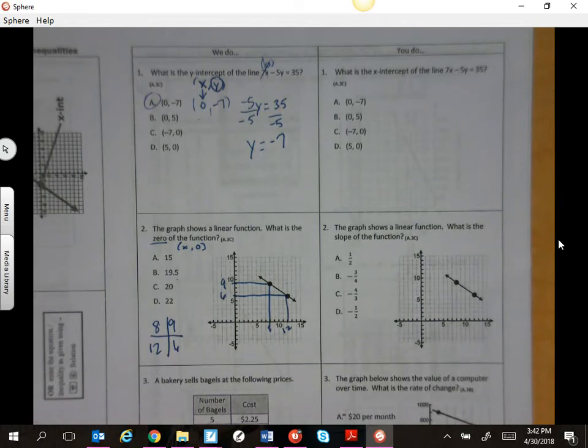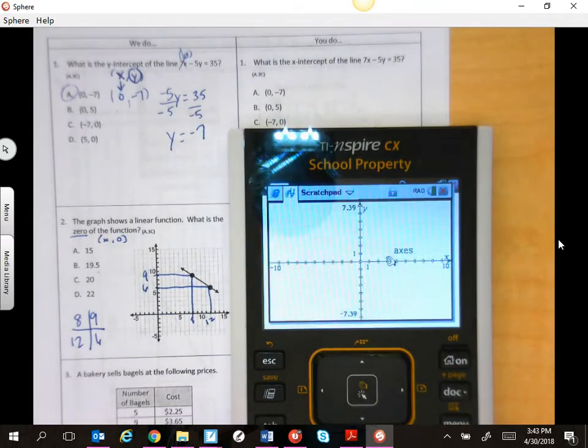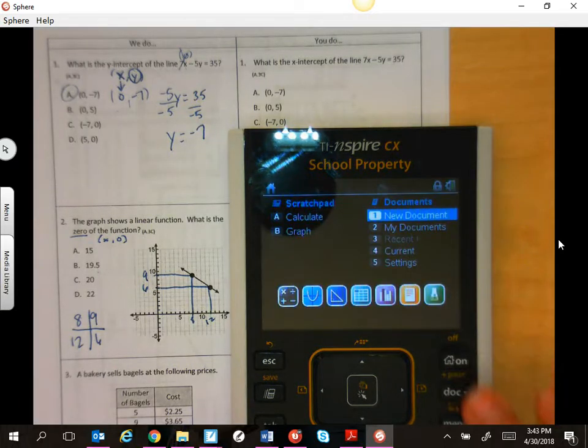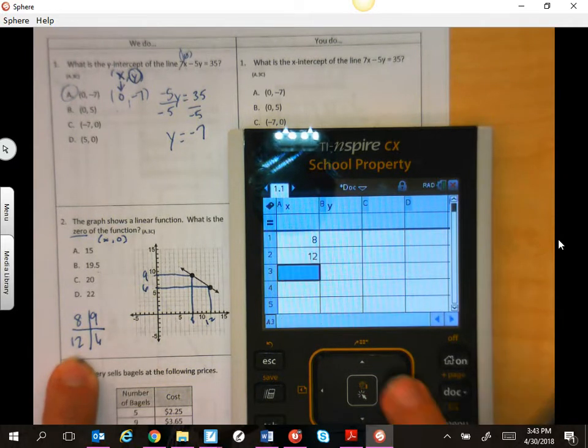So if we go ahead and put those into our list and spreadsheet, remember, you will have this fabulous tool. We need to make sure we use it. So let's see, new document, and form X and Y, so 8 and 12, 9 and 6.